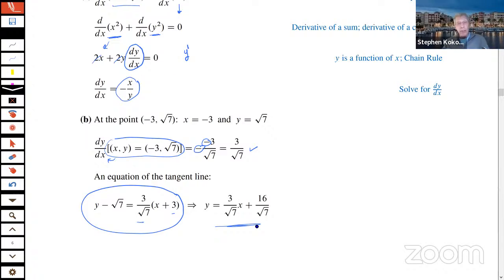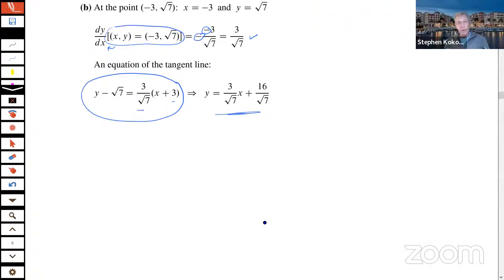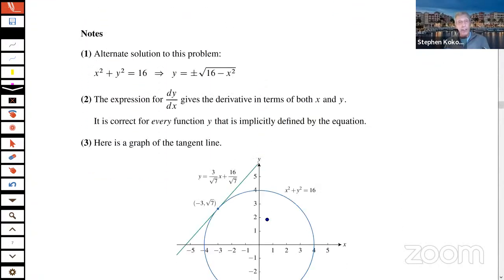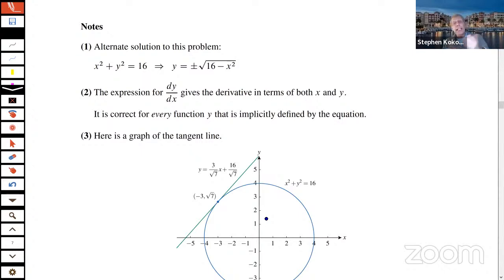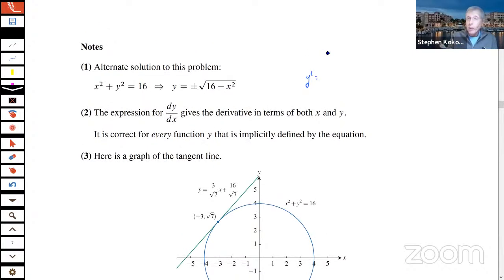So let me make a couple of notes about this, maybe even draw a graph, because I want to check this. Here's another challenge for your students tomorrow morning. We already found the derivative, y prime equals minus x over y.